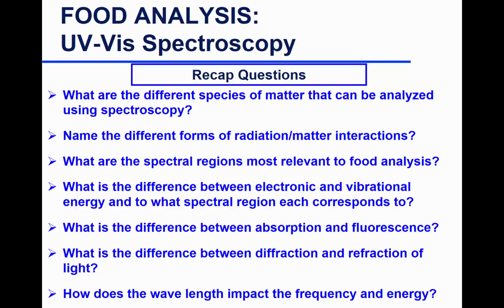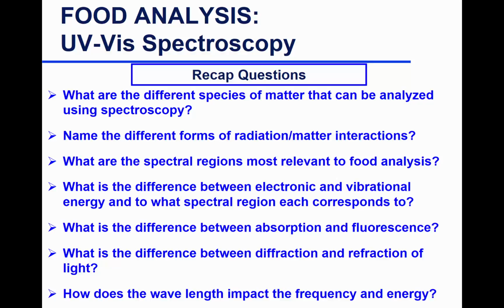Vibrational energy is when you have a molecule with atoms bonded to each other, so the bonds will vibrate, stretch, or bend. When you have only an atom, it is mostly electronic energy, where an electron from a shell jumps up to a higher shell.